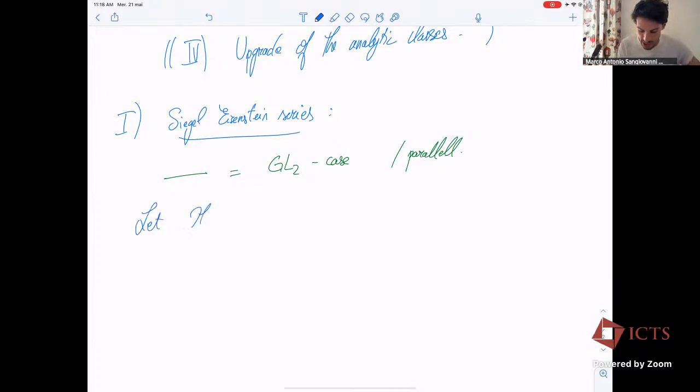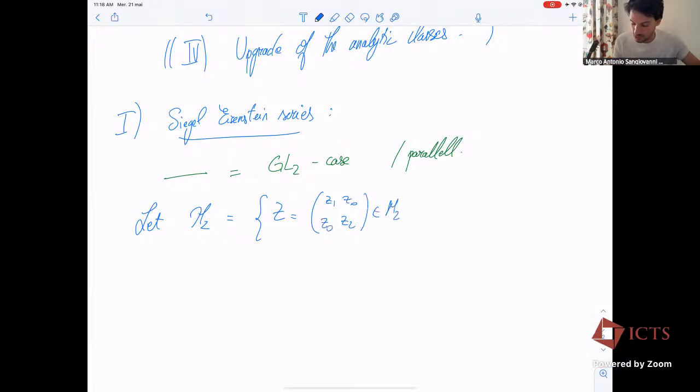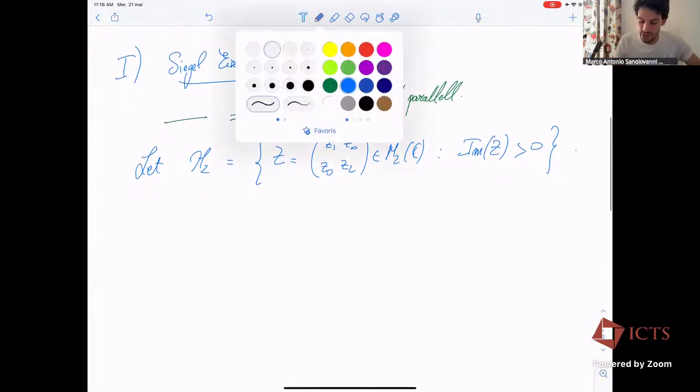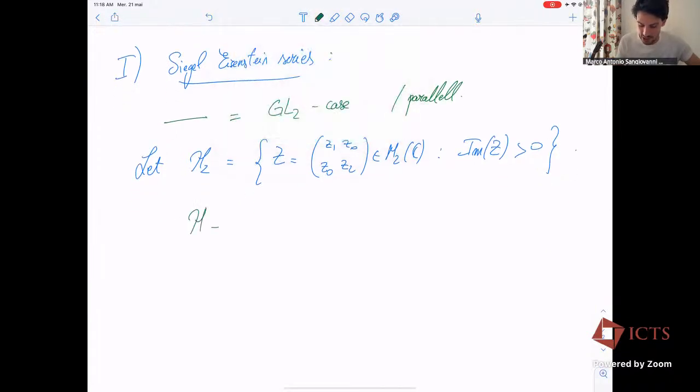I will denote by H2 the set of 2 by 2 matrices Z = (Z1, Z2; Z2, Z3) in M2(C) such that the imaginary part of the matrix Z is positive. Compare with the GL2 case, where H is just the upper half plane: the tau in C with positive imaginary part.